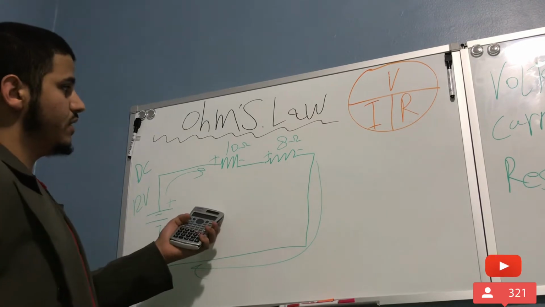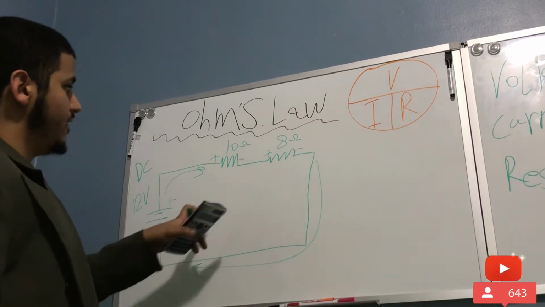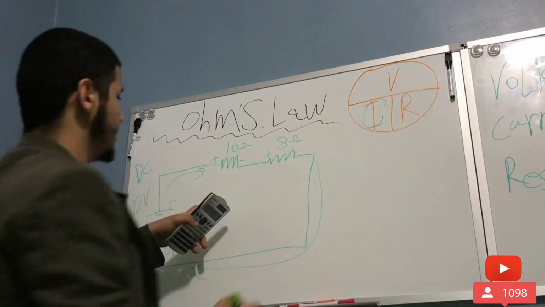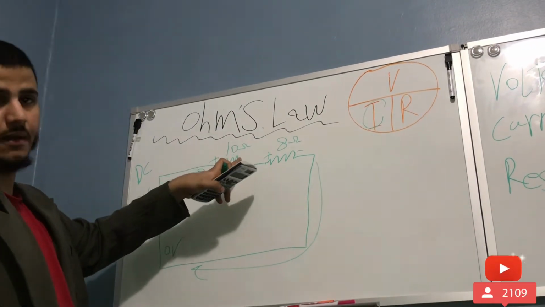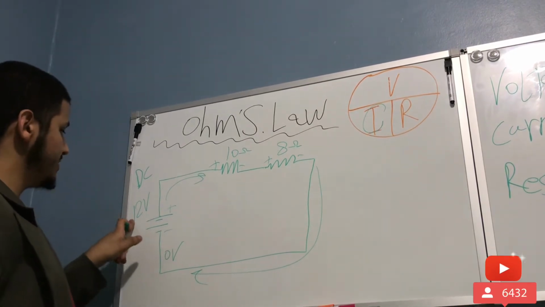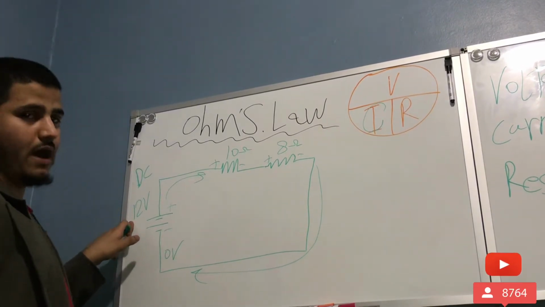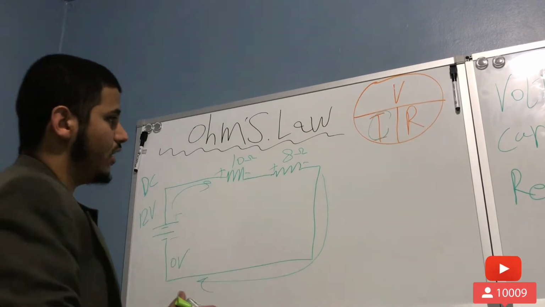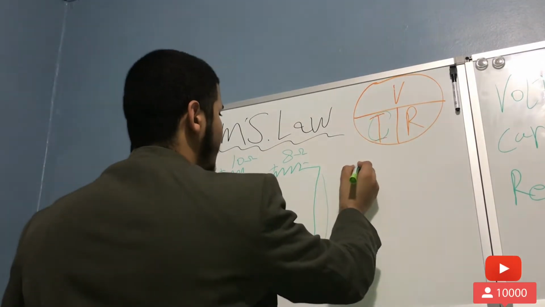How to solve this one? In here we need to find the current. In this case, we have the resistors and the battery source, which is 12 volts. All we need is the current.